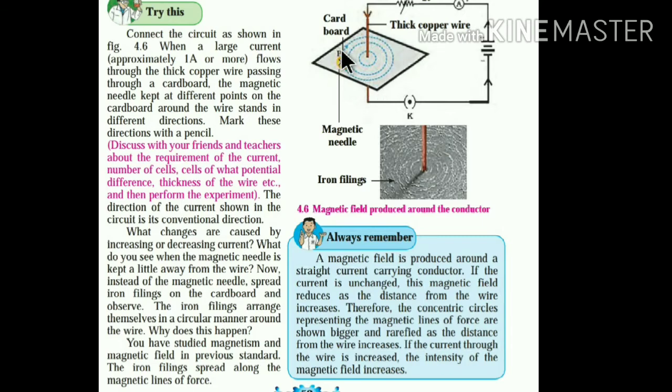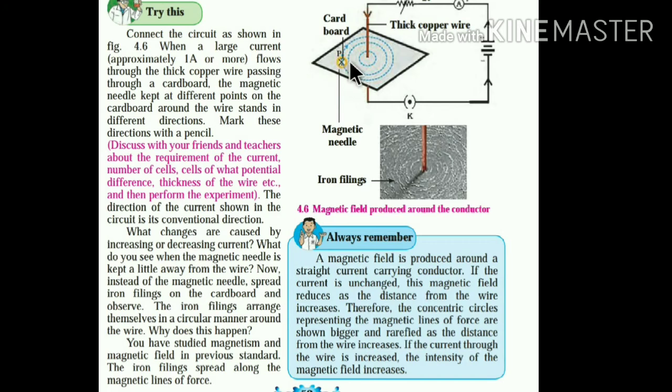So this is the magnetic field of this current carrying conductor, and the magnetic field at a point due to a current carrying conductor depends on the current through the conductor and the distance of the point from the conductor.